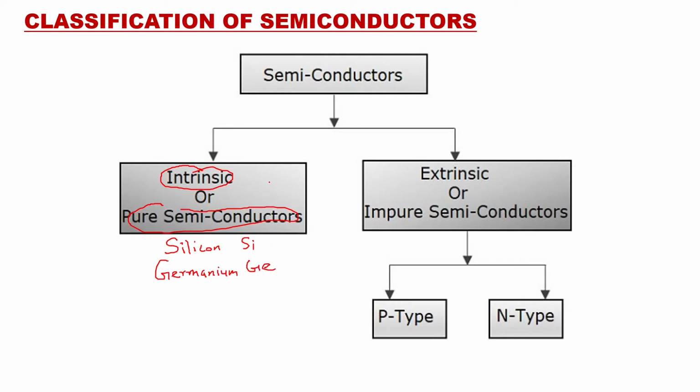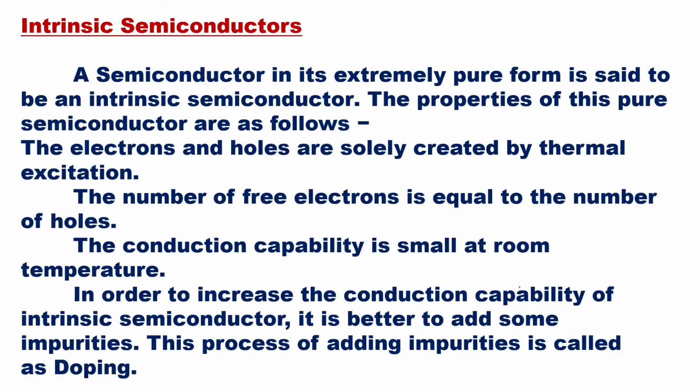If you add impurity to this intrinsic semiconductor, you will get extrinsic semiconductor, which is called an impure semiconductor. If you add a trivalent impurity, you will get a P-type semiconductor. If you add a pentavalent impurity, you will get an N-type semiconductor. So this is the classification of semiconductors.